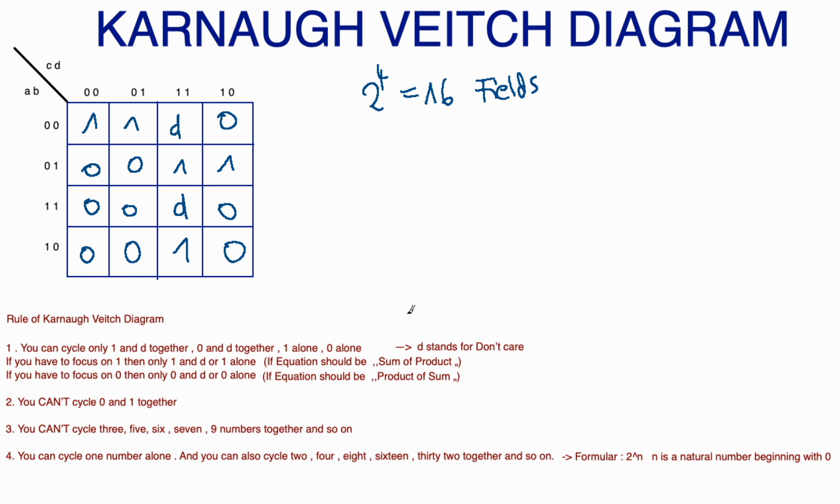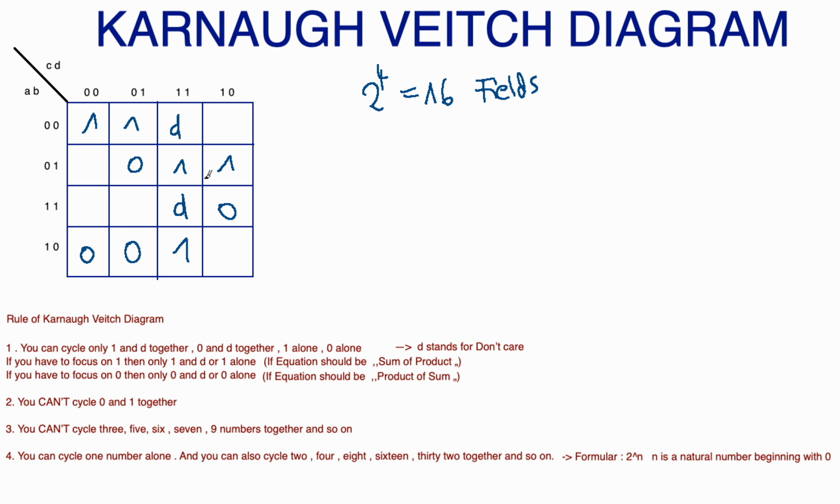That means you cannot cycle 3 numbers. For example, this is not allowed. And it's also not allowed to cycle numbers like this.